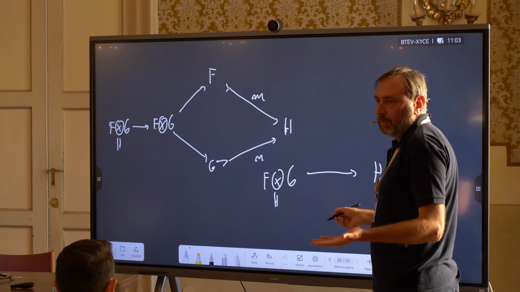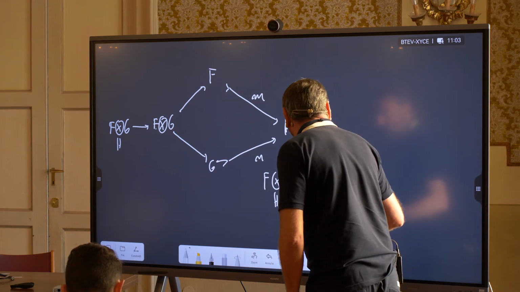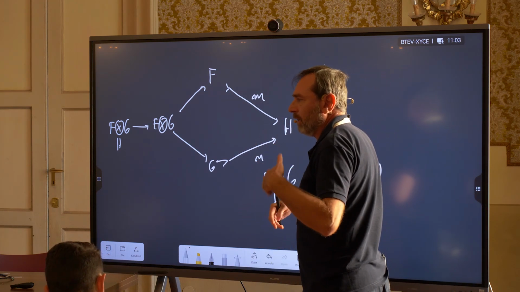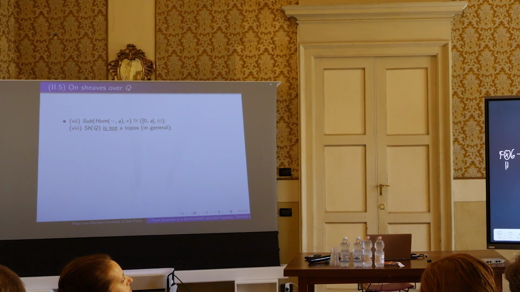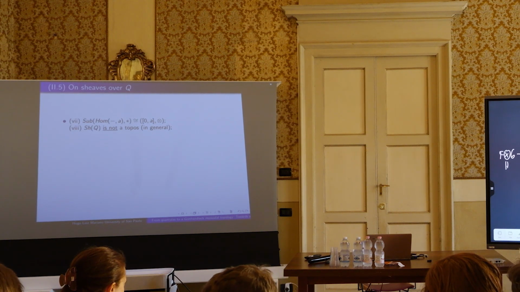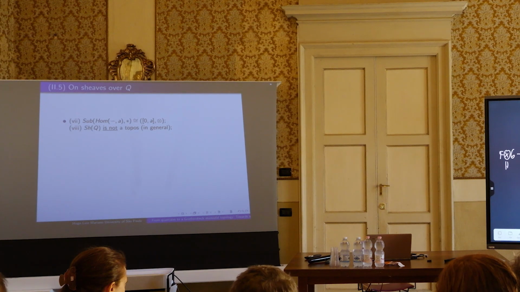This is not a mono in general, but since we have a locally presentable category and the subobjects form a complete lattice, we have an extremal mono factorization, so we can factorize like this, and this is the star construction.